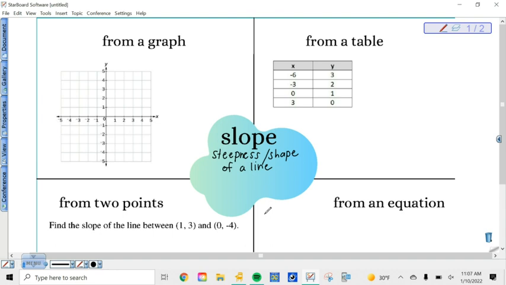That's not the slope formula. Someone else tell me. What's the slope formula? Perfect. Yes, exactly. So y2 minus y1 over x2 minus x1.